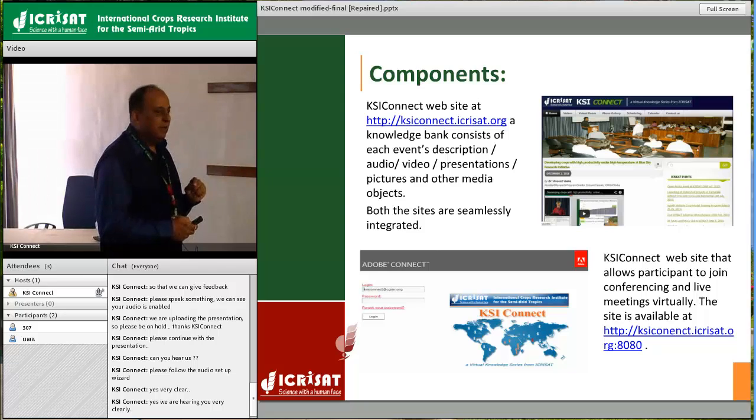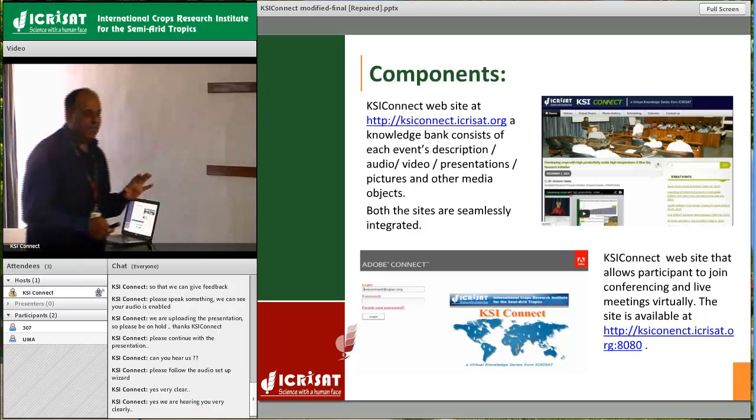But we don't enable audio and video from their side. The audio, video, presentation and even application sharing come only from the person delivering the session. Other people ask questions in a chat window, which is read out in the hall and the person answers. This is how we manage the first type of scenario.